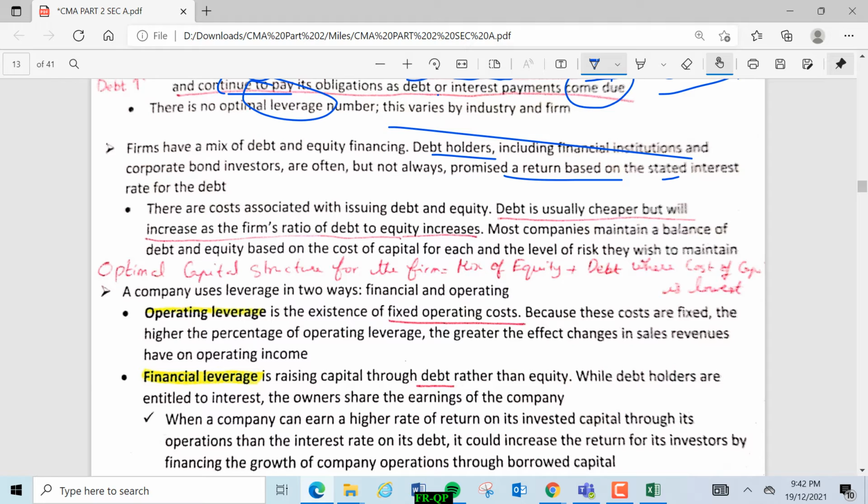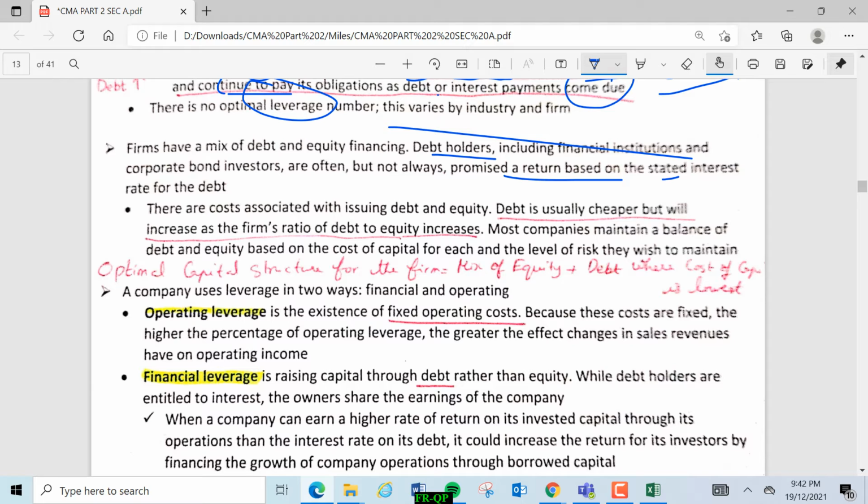ठीक है, तो अभी क्या होगा कि डेट्स आप इशू करते हो ना, वो आपको थोड़ा सा चीपर होगा बिकॉज वहां पे आपको क्या होगा, एक सर्टेन रेट पे यू विल गेट द डिबेंचर्स अमाउंट, यू कैन गेट द फंडिंग फ्रॉम द मार्केट. पर इक्विटीज में क्या होता है, रिटर्न जो होता है वो कंसिस्टेंट नहीं होता है.